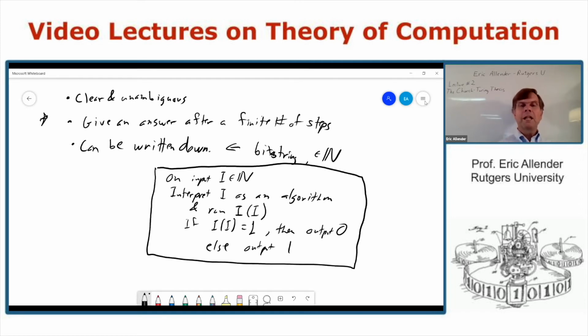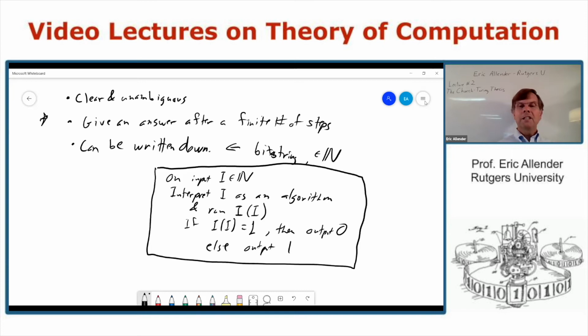So this certainly looks like it ought to be an algorithm. It's clear and unambiguous, at least if your instructions are clear and unambiguous, then you ought to be able to take instructions and see if they are in fact instructions, and if they are, then follow them. And well, what's the problem? Well, this algorithm, if it outputs 1, outputs 0, so that's a contradiction, it can't possibly do that.